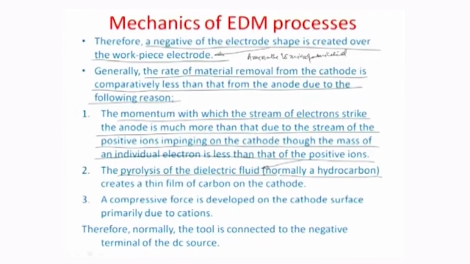So what happens is that this dielectric fluid typically breaks down, and because of the breakdown, because of the scission reaction happening in between both the electrodes, there are always byproducts in the form of hydrocarbons which are produced, and as such these are the cations, and they rush towards the cathode. They are positive ions, and they create a thin film of carbon on the cathode itself.